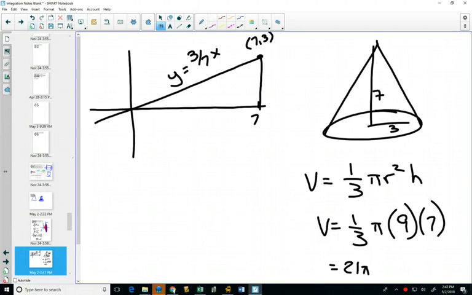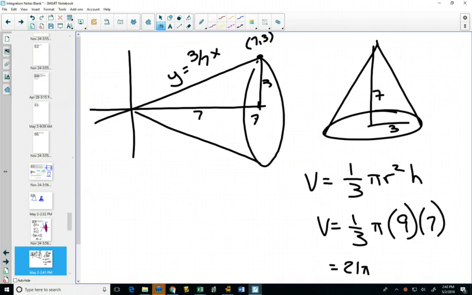So if I wanted to take this line and rotate it 360 degrees around the x-axis, what would I get? I'd get that cone on its side. No, this length is 3. This 7 represents its height. Okay?